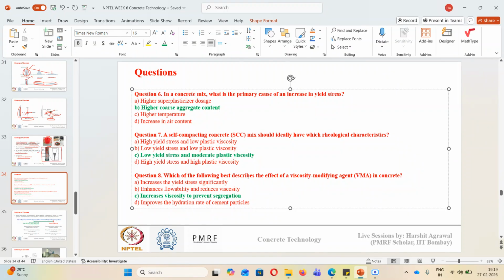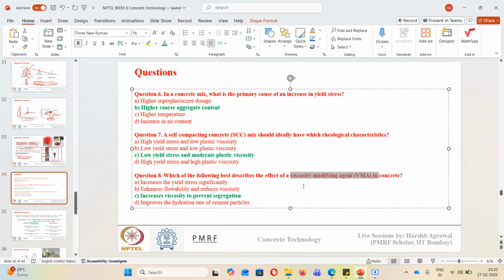So to increase the viscosity of concrete and reduce the chances of segregation and bleeding, we add viscosity modifying admixture. They increase the viscosity of self-compacting concrete, which prevents segregation and ensures that a uniform mix flows in the formwork.